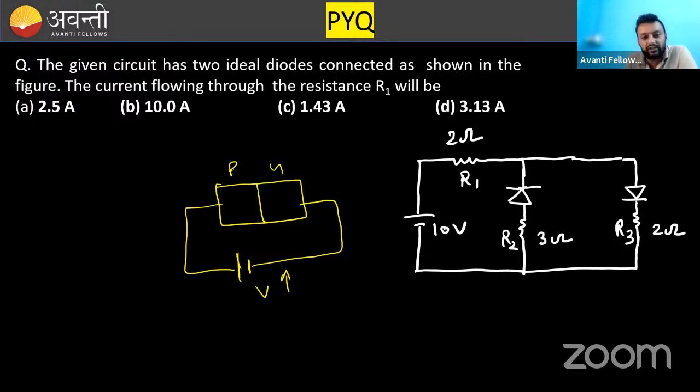If you increase this applied potential, then the depletion region will further shrink, it will decrease. You know the VI characteristics. If you increase the potential, then current will increase. So if current is increasing, that means the depletion region is decreasing.